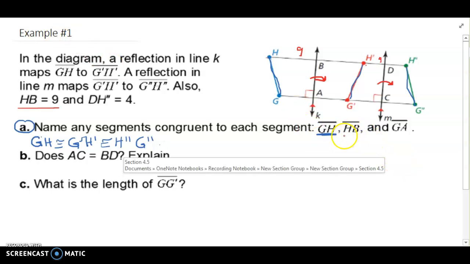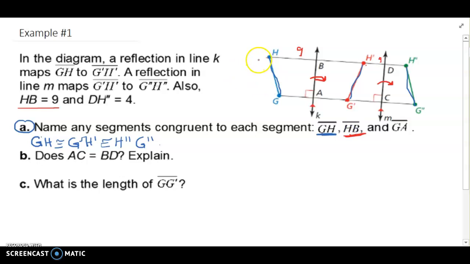All right, now let's look at HB. So HB is right here. Okay, so properties of reflection tell us this here is going to be the same length as this here. So I could say HB is congruent to H prime B. And then let's look at GA.